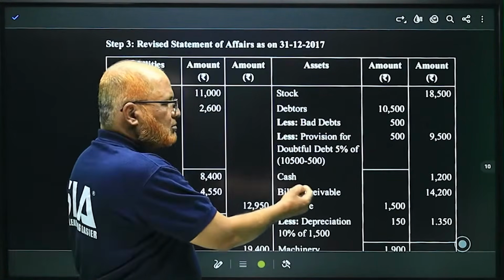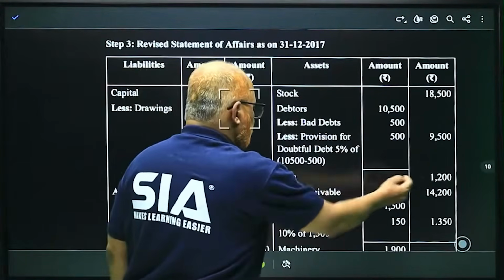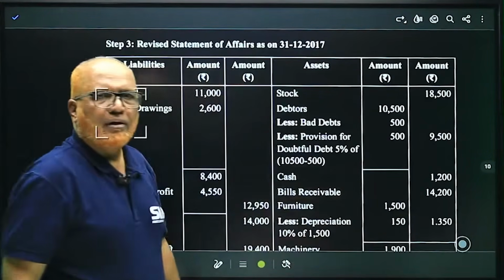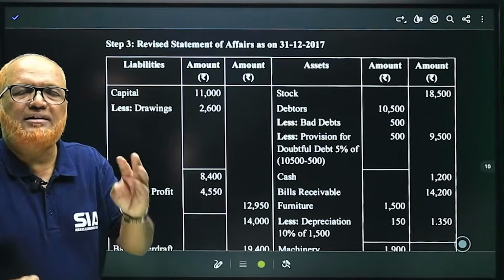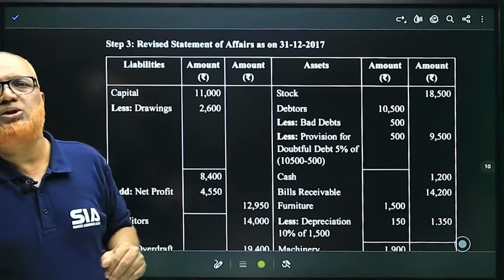Similarly, cash, no change. Whatever is given in the problem, I have taken the closing cash. Bills receivable, no adjustment, same amount. Furniture value is given as 1,500, but the adjustment says 10% depreciation. So 1,500 into 10% is 150.